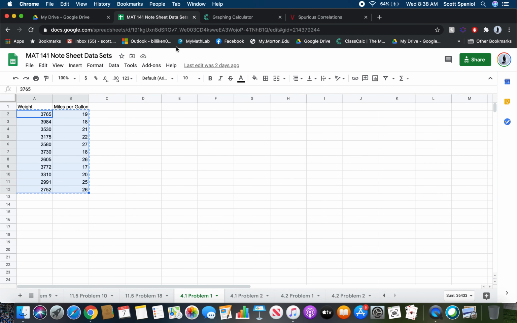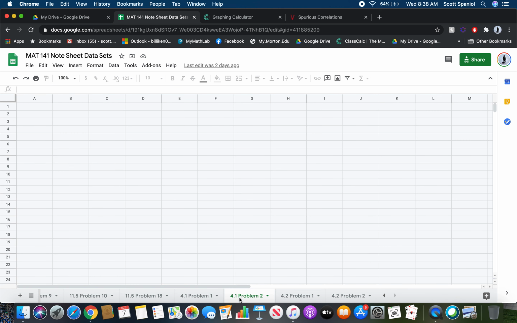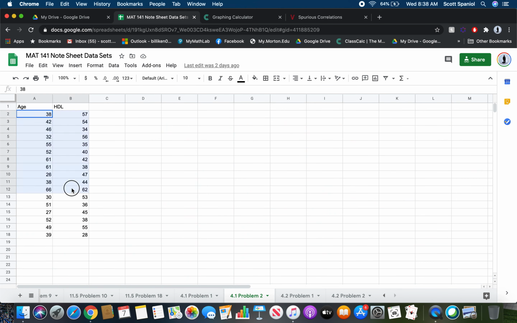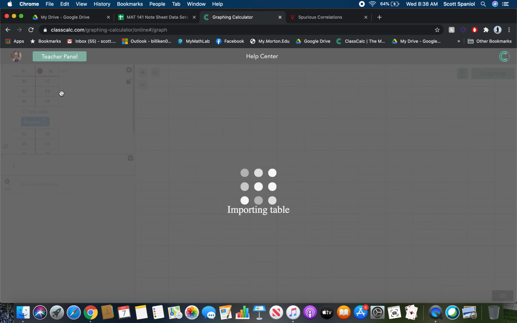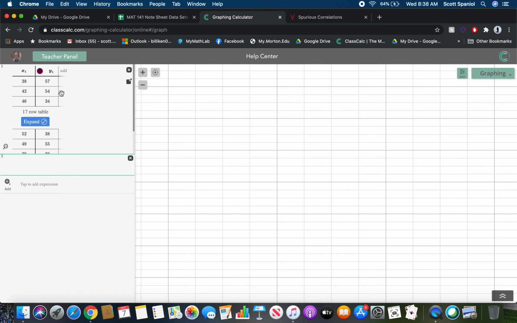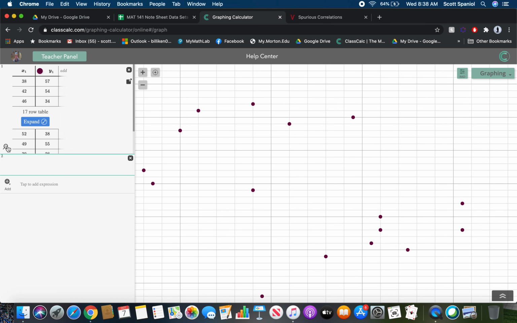So we go into our data sheet, 4.1 problem 2, and grab our data, and I'll put it in here. And then we'll zoom in on that. What type of relationship appears to exist, if any, here?